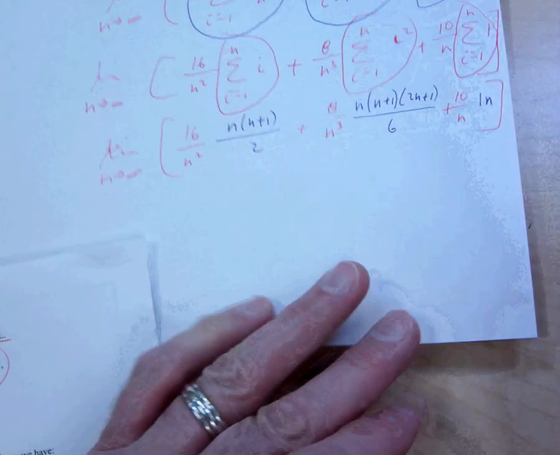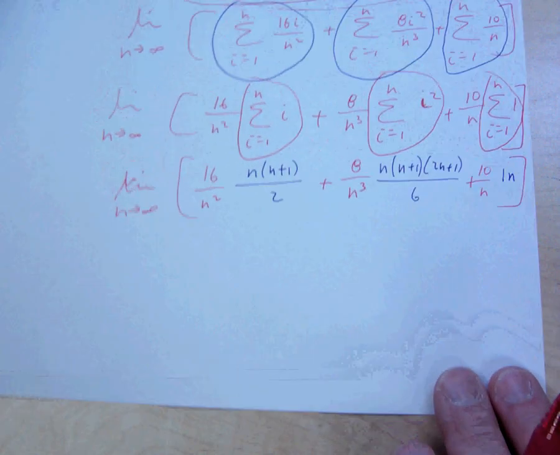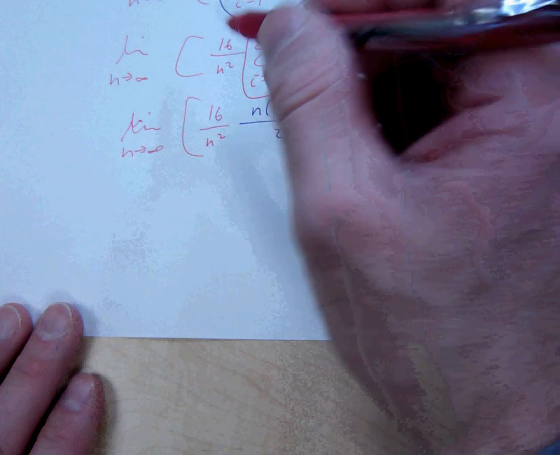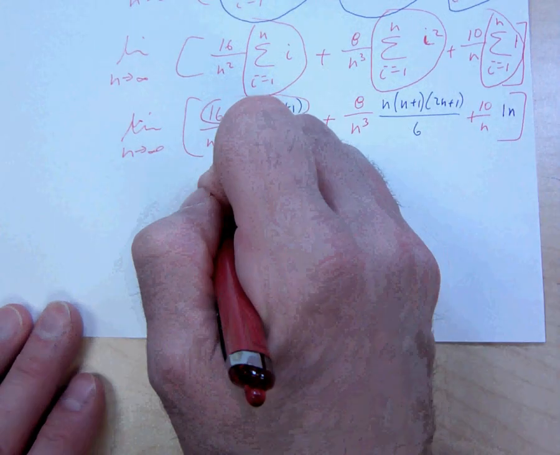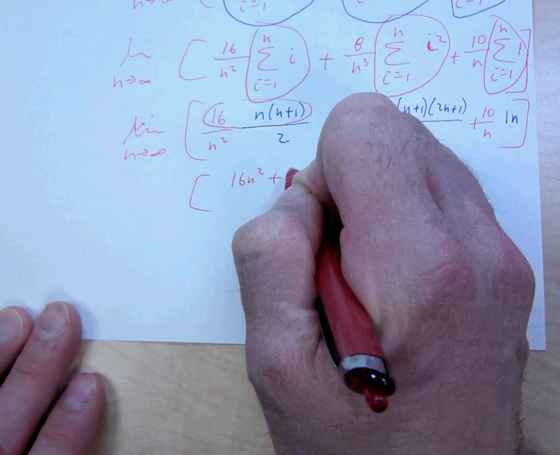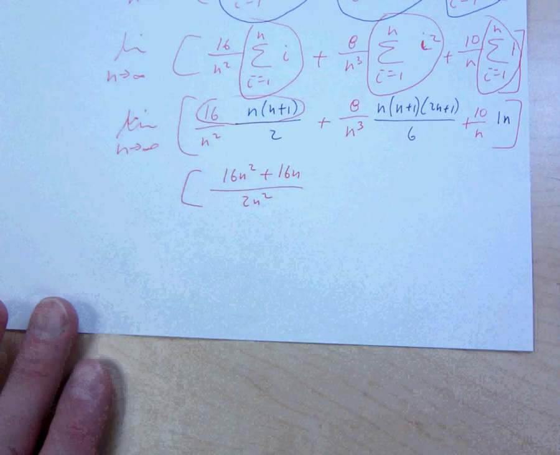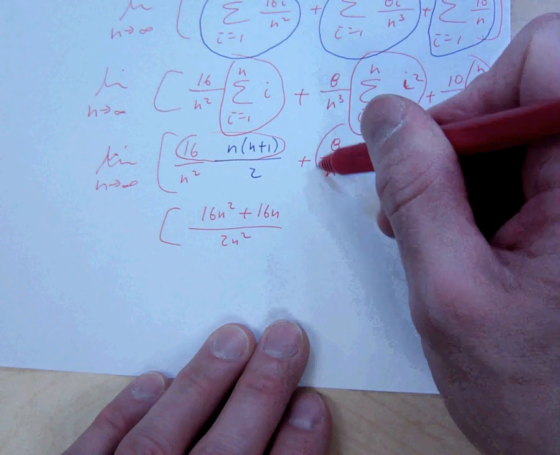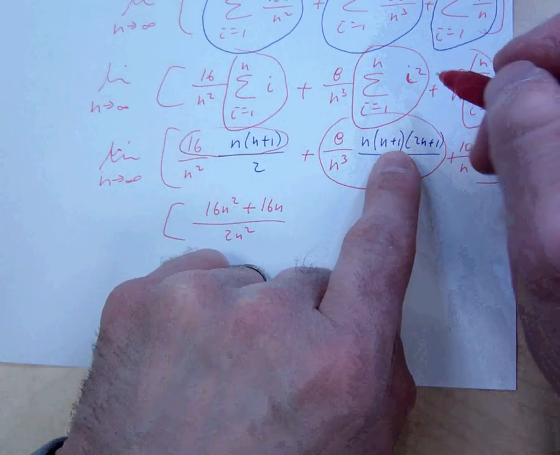All right. So here we go. Here's what I'm going to do. I'm going to distribute the 16n there, and that gives me what? 16n squared plus what? 16n over what? 2n squared, yes? Everybody agree with that? Okay, here what I'm going to do is I'm going to FOIL, and that gives me what?